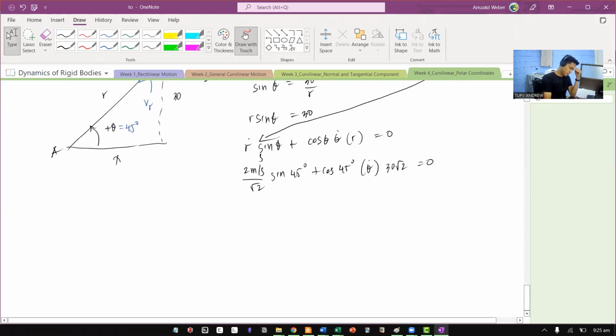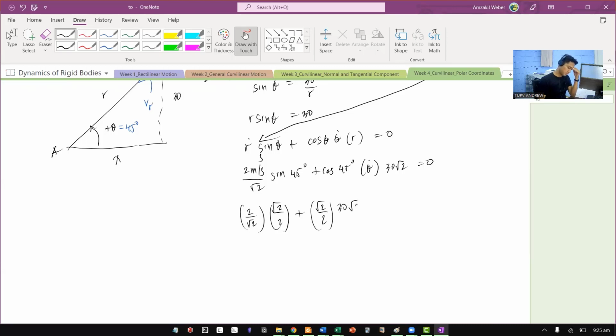This is 2 over square root of 2, sine 45 is square root of 2 over 2, plus cosine 45 is square root of 2 over 2, and then 30 square root of 2 times theta dot equals 0.